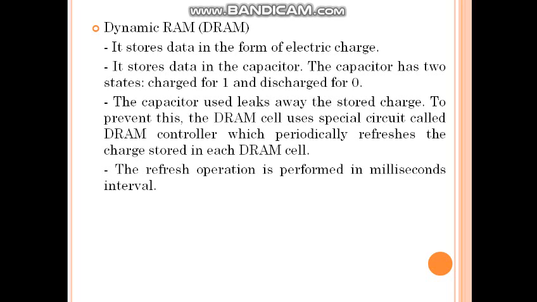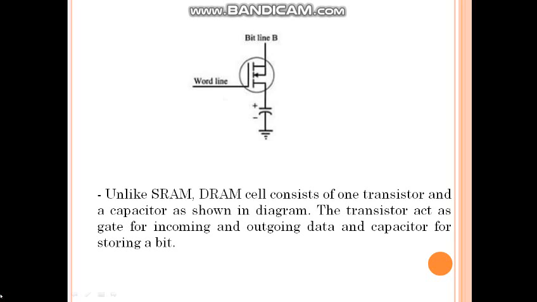The capacitor tends to leak away the stored charge. To prevent this, the dynamic RAM uses a special circuit called the DRAM controller, which periodically refreshes the charge stored in each DRAM cell.